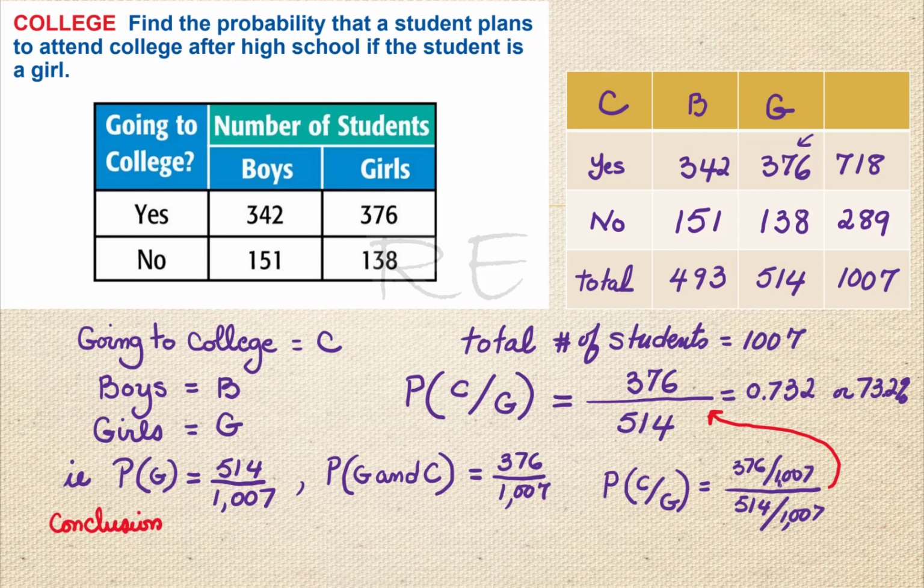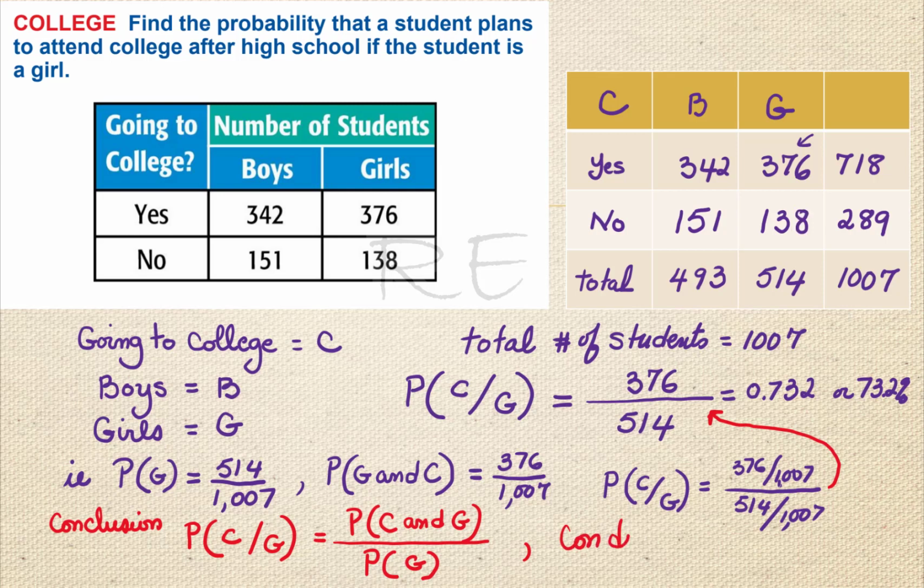In conclusion, we're going to say that the probability of C given G is equal to the probability of C and G, the probability of getting both, divided by the probability of G, the probability of the denominator.